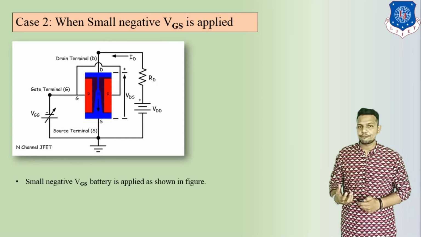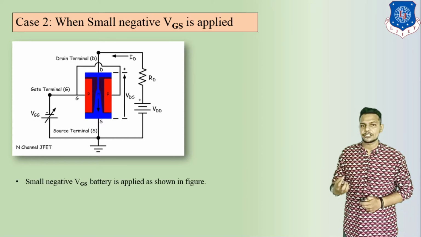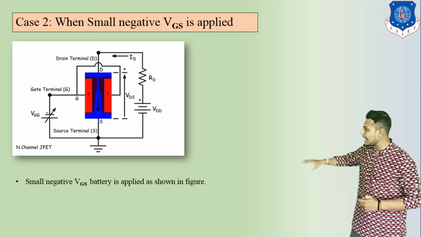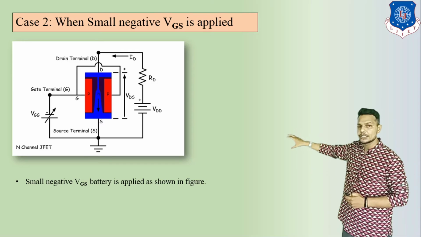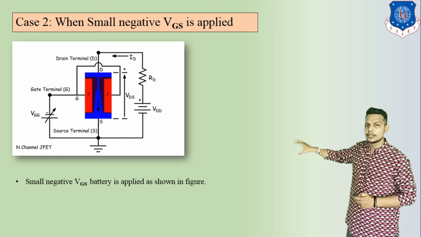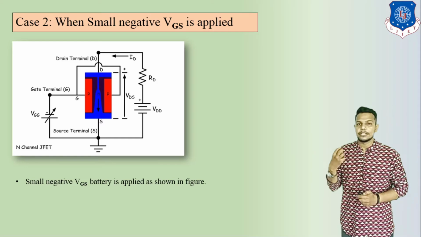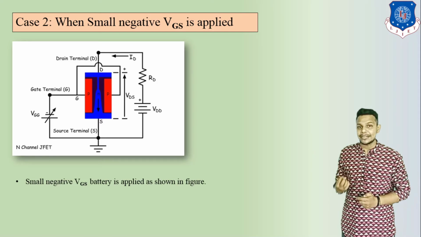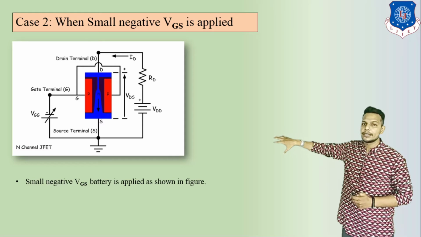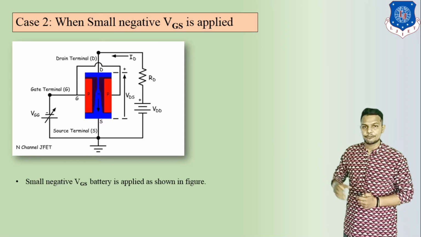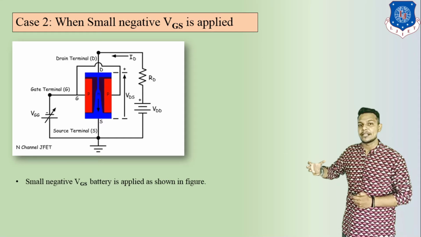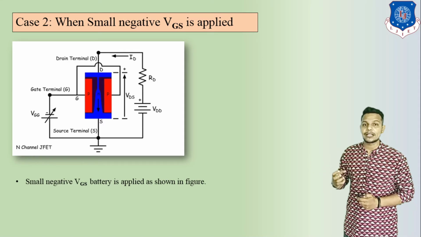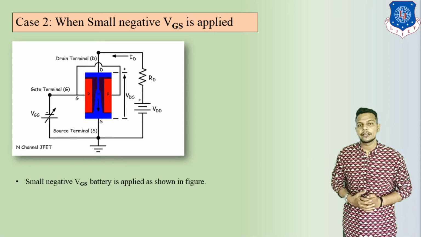Now if we apply a small negative voltage, then what happens? If we apply a small negative voltage at VGS, the depletion region width penetrates more into the N channel. If it penetrates more, that is an obstacle for the flow of drain current.